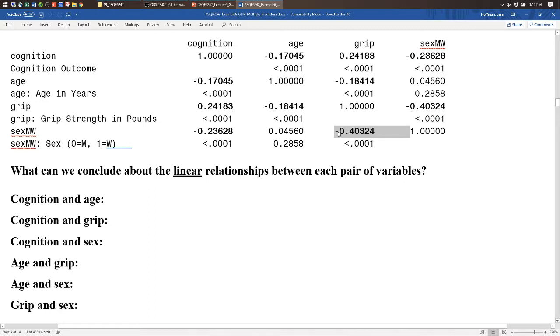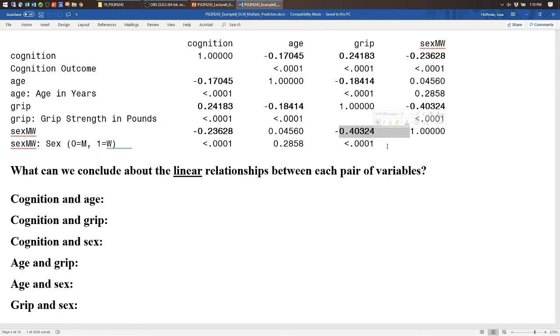So what would happen if this was a -1 here? What would that mean? It's perfect, right? Like if you know someone's gender, you know their grip strength. That means the other one is completely redundant, unnecessary.